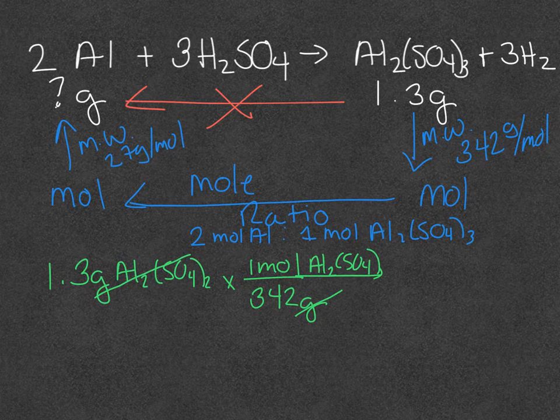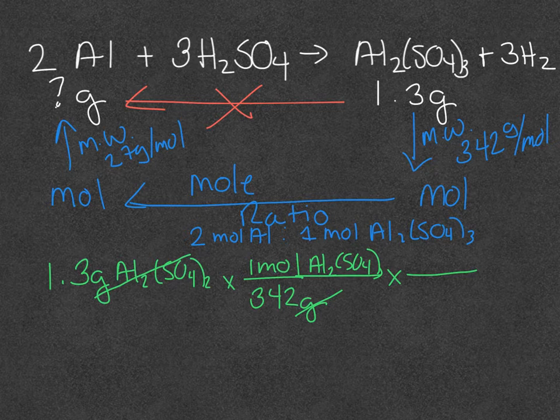Okay, so at this point, I am actually right here. Then I'm going to go from moles to moles. What am I doing? I'm going from moles of aluminum sulfate to moles of aluminum using our mole ratio, which we already wrote. So let's go ahead and do that. I'm going to have my next conversion factor.